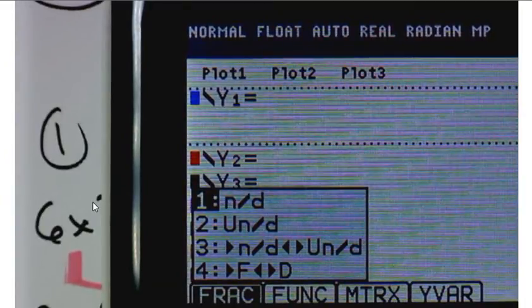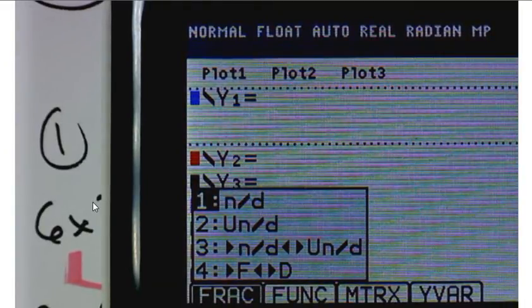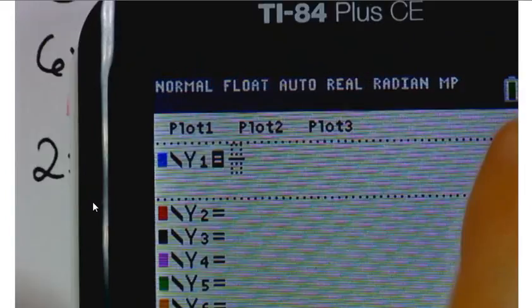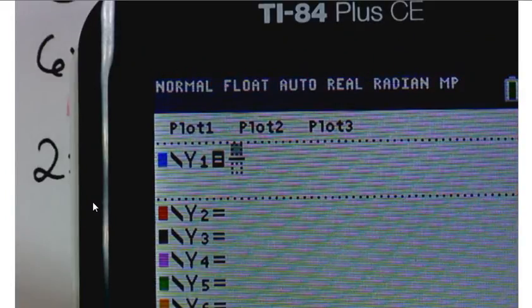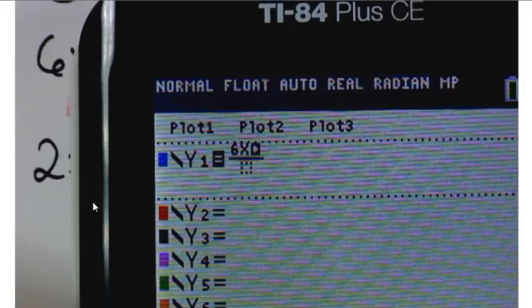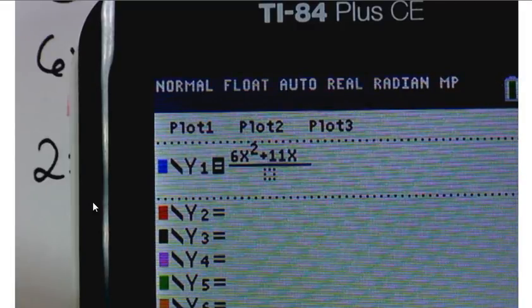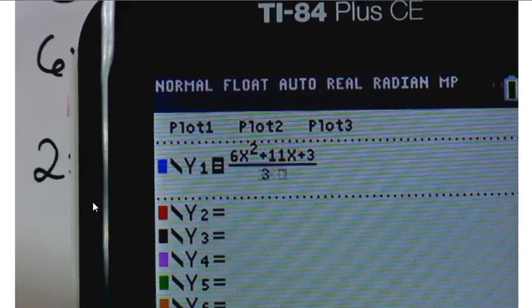And what that does is it pulls up a little menu that allows me to type in a fraction. If you press the number 1 or simply press enter, you can type in a fraction. Now this has a numerator and denominator, and you don't have to worry about the parentheses, much like we did with problem 28. So 6x squared plus 11x plus 3 divided by 3x minus 1.